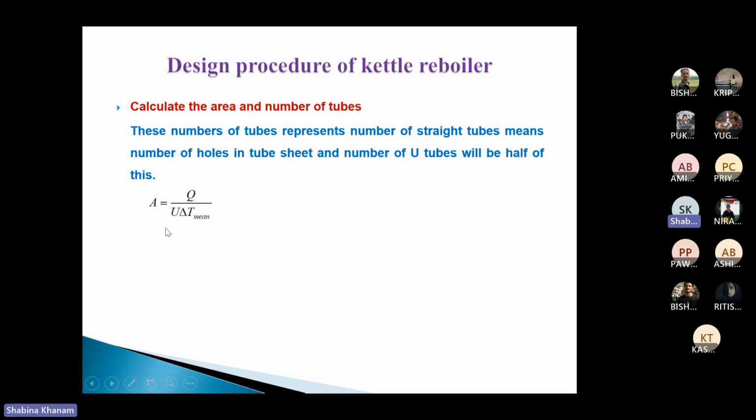Okay, so area you can calculate, nothing new, like Q by U delta T mean, which you have assumed and already calculated. So once I have the heat transfer area, we can find out the number of tubes. Now in this case, the total area we have calculated is the same, pi d naught and L, and L should be L effective, if you are considering U tube.